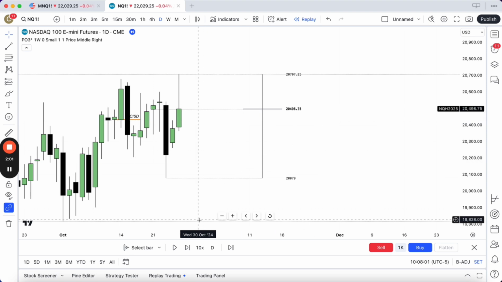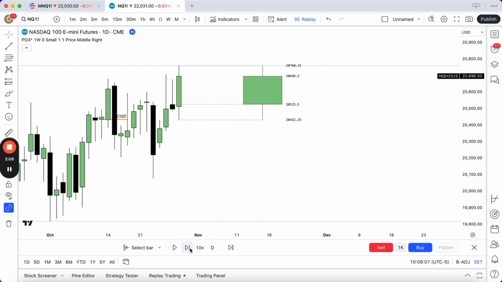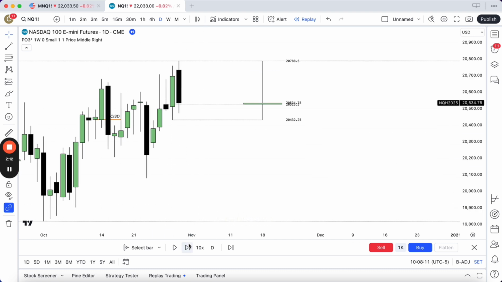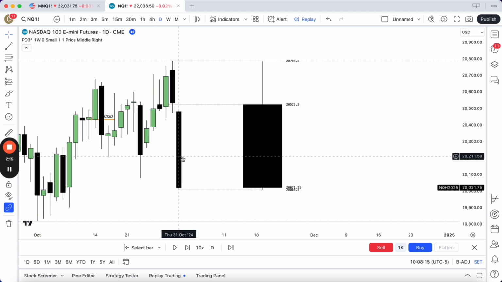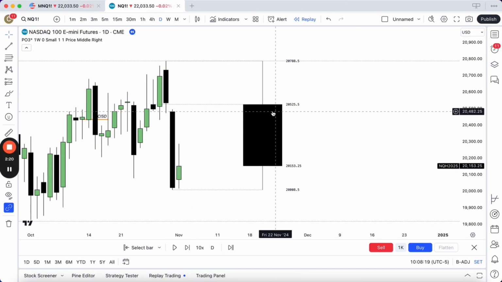So let's see what price does. Okay, on Monday, price opens, puts in the open, goes ahead and manipulates above this high, goes down on Wednesday, on Thursday, and then goes ahead and closes on Friday. You see, open high low close.